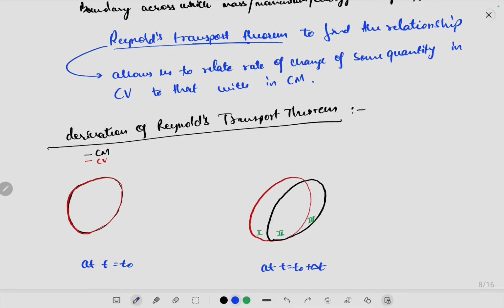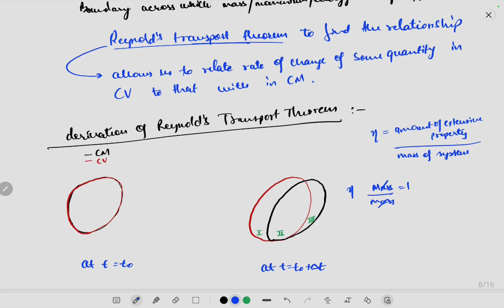next let's define eta as the amount of extensive property, some property which depends upon the size of the system that you have taken, divided by the mass of system. Okay, so let's say I am considering the extensive property mass, then this eta for the extensive property mass would be mass by mass, that would be 1.